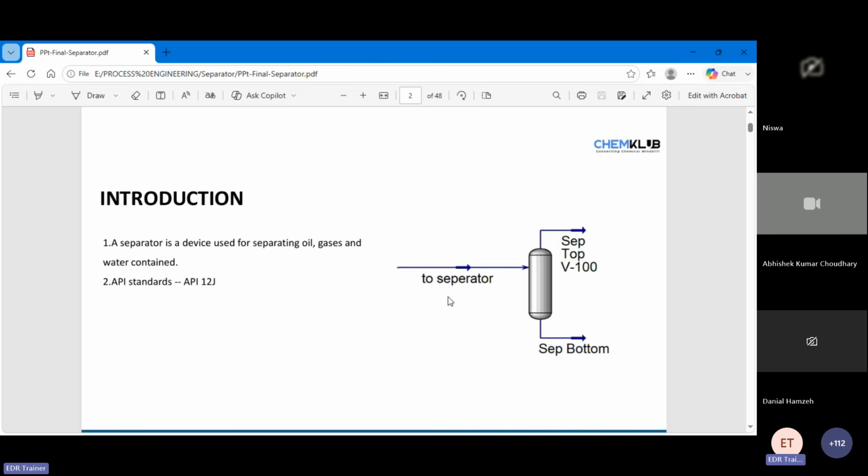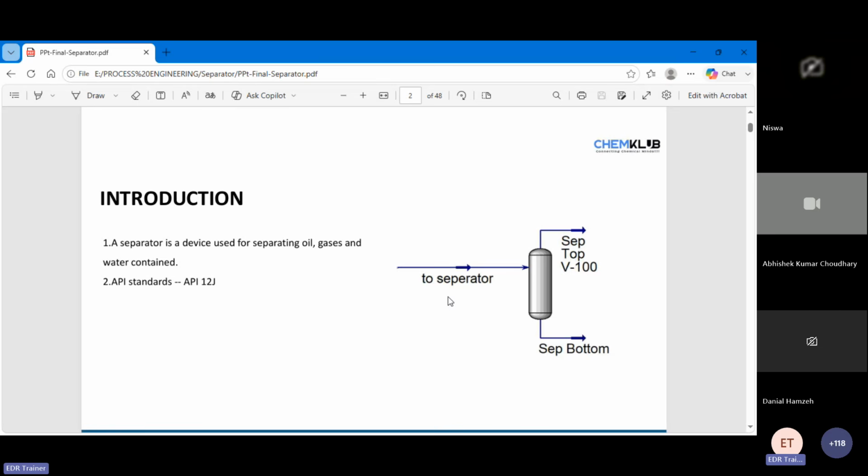So there are two-phase, three-phase and four-phase separators, and according to the requirement, we will do the sizing. Today we are going to learn basic guidelines, the classification of separators, basic thumb rules and their formulas for how to size the separator.